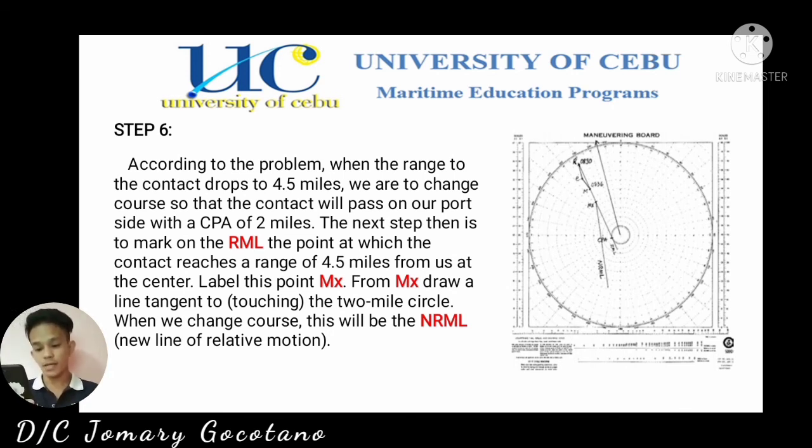Label this point MX. From MX, draw a line tangent to, touching, the 2-mile circle. When we change course, this will be the NRML, the new line of relative motion. So if there is a contact, you have to change course to the port side in order to avoid a distress.